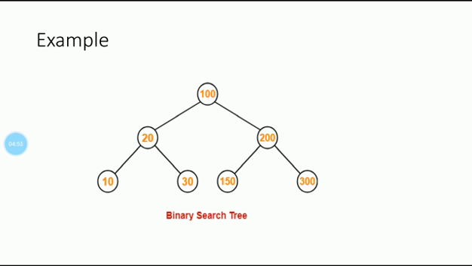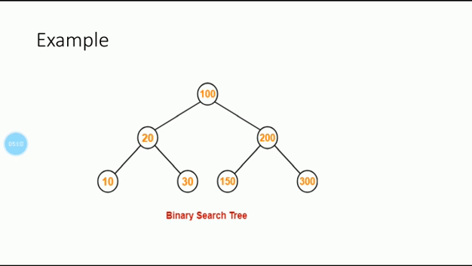The post-order traversal for the left subtree is 10, 30, 20, because left, right, root. Left is 10, right is 30, and root is 20.